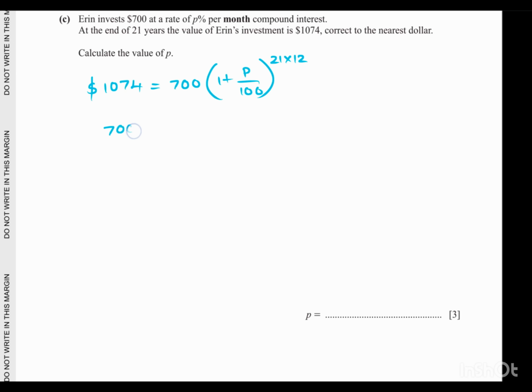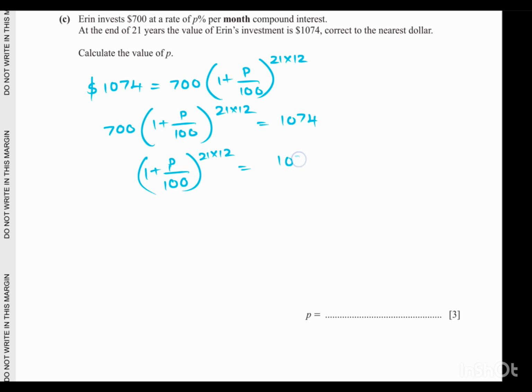So I am flipping the equation here, 1 plus P by 100 whole raised to 21 into 12 is equal to 1074. Bringing 700 to the other side, it will be divided, which is 1074 by 700.